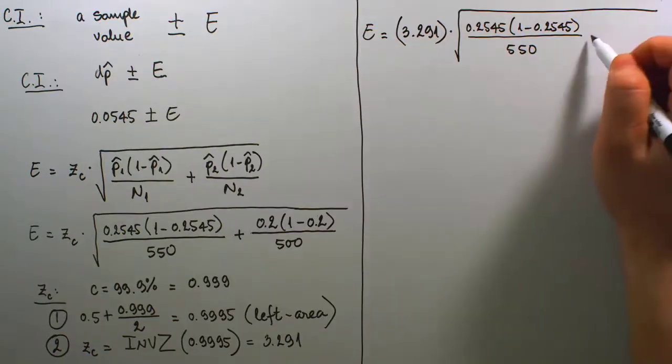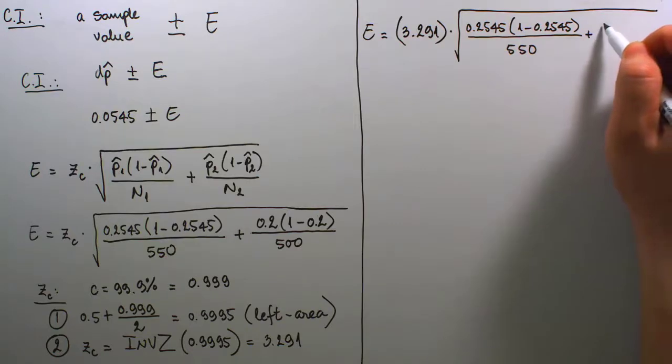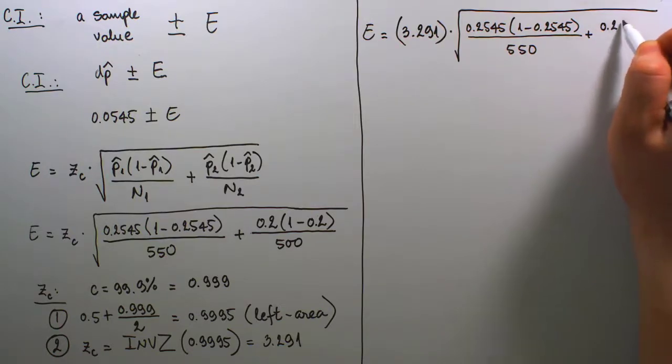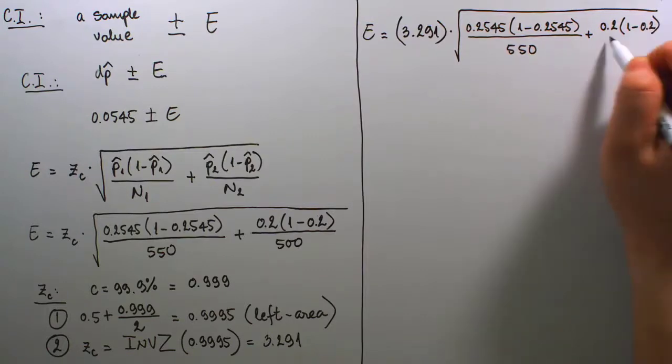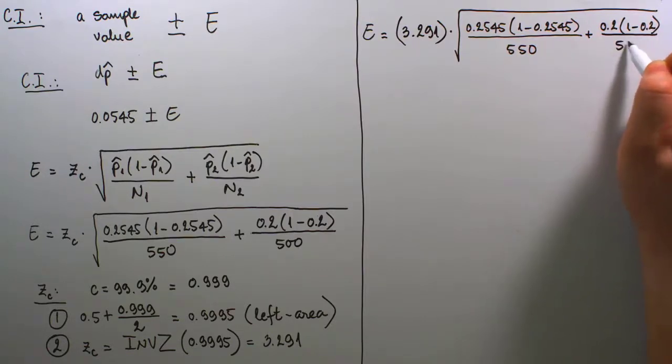And still inside the square root, I'm going to add another expression, 0.2 times 1 minus 0.2, divided by 500.